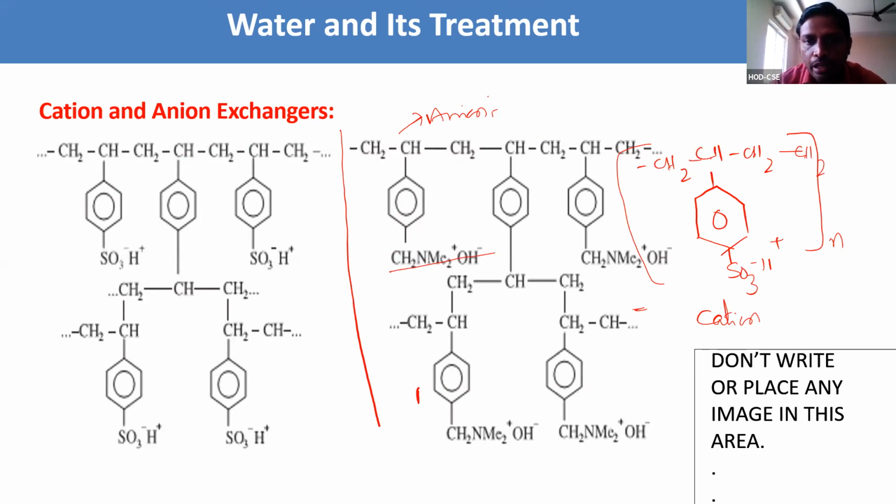The simple structure is: benzene, on this CH2, and below it CH2N, this is amine formaldehyde, Me2 plus OH minus.